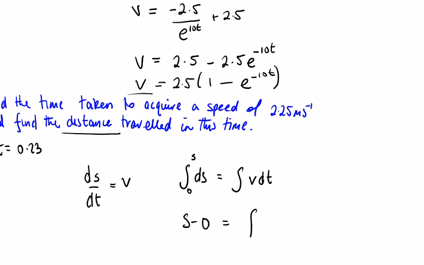And that's going to be the integral between the start and how long it takes to get to 0.23 seconds, or the distance we're going to travel in that time.